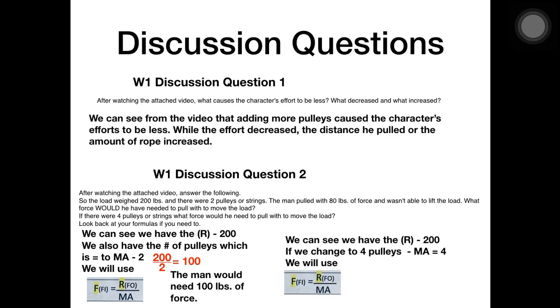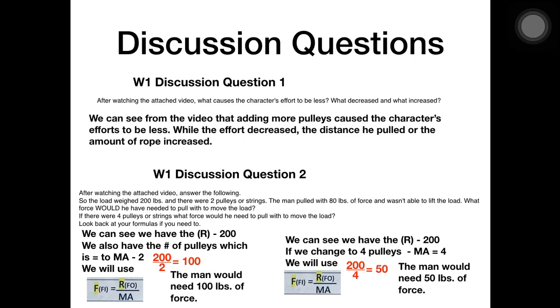We're still trying to figure out what force the man needs to put in. So we will this time take 200 and divide it by 4, equaling 50. The man would need 50 pounds of force in order to move the load with 4 pulleys.